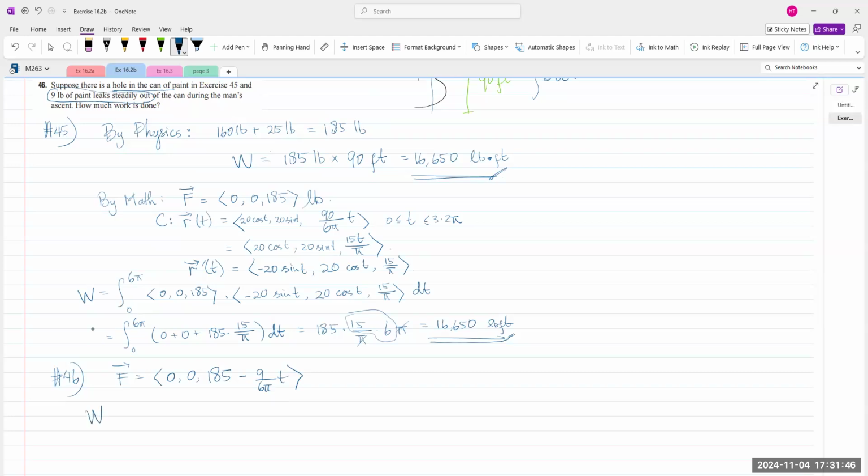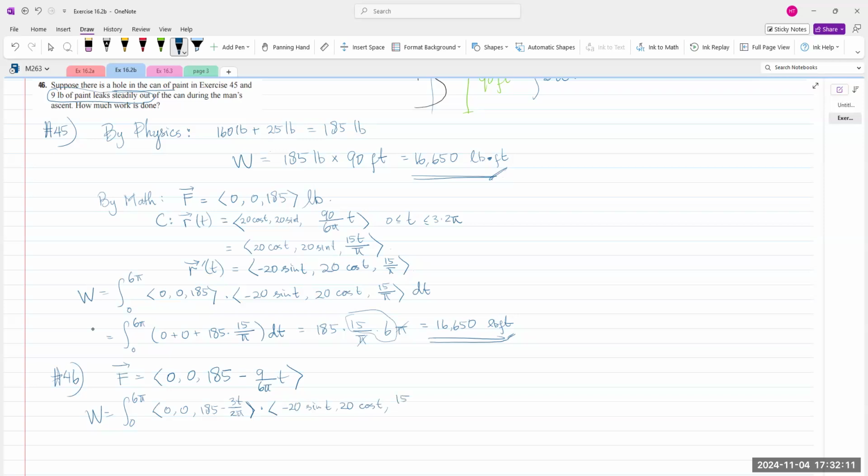So the work will be the integral from 0 to 6 pi of 0, 0, 185 minus 3 over 2 pi times t, dot negative 20 sine t, 20 cosine t, 15 over pi dt. Actually, we don't worry about the first 2 terms because when you dot that with 0, it will be just 0.